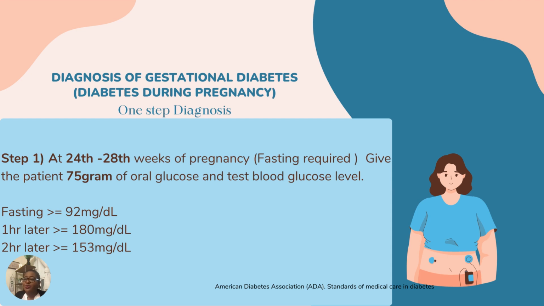I hope you're able to learn something from this lecture today about diagnosis of diabetes in non-pregnant patients and diagnosis of diabetes in pregnant patients. In pregnant patients, there are two methods. The first method has 2 steps, and the second method is just 1 step, all with different levels of glucose being given to the pregnant woman.